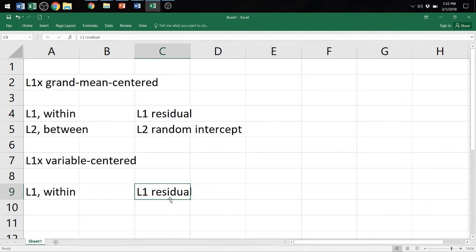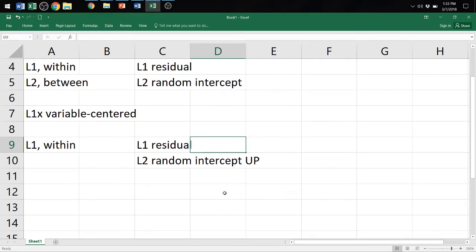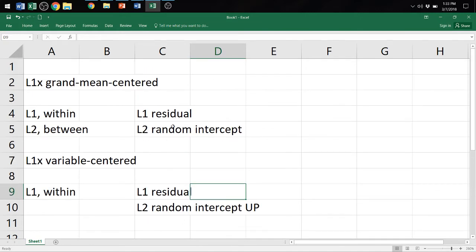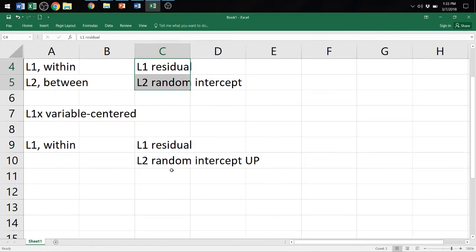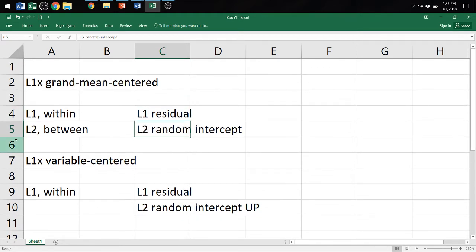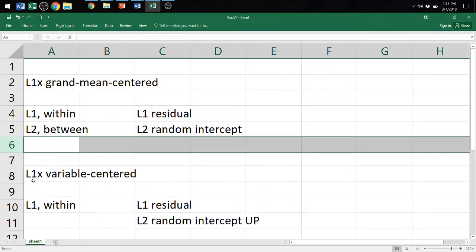Because level 1 residual variance went down, level 2 random intercept variance goes up. So you don't see that here because in reality it went both up and down, but the net is probably going to be down unless this model is really, really misspecified. So things then that reduce level 2 random intercept, let me add another column here.